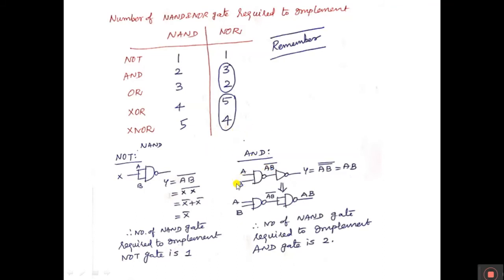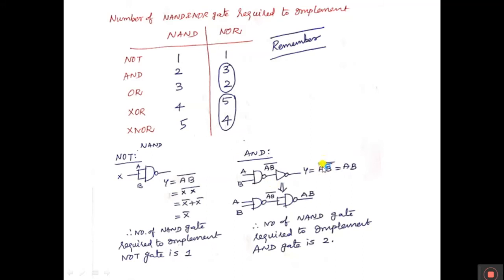Similarly for the AND gate, the equation is Y equal to AB. To get this, one NAND gate and one NOT gate are connected here. Input is A and B, so here I get AB bar. If I put a NOT gate, I take the complement again, giving AB double complement.